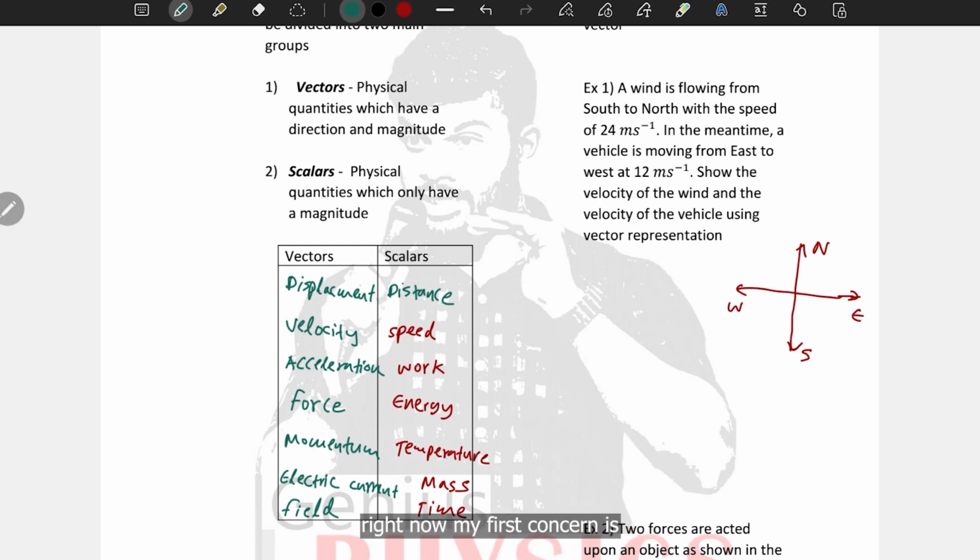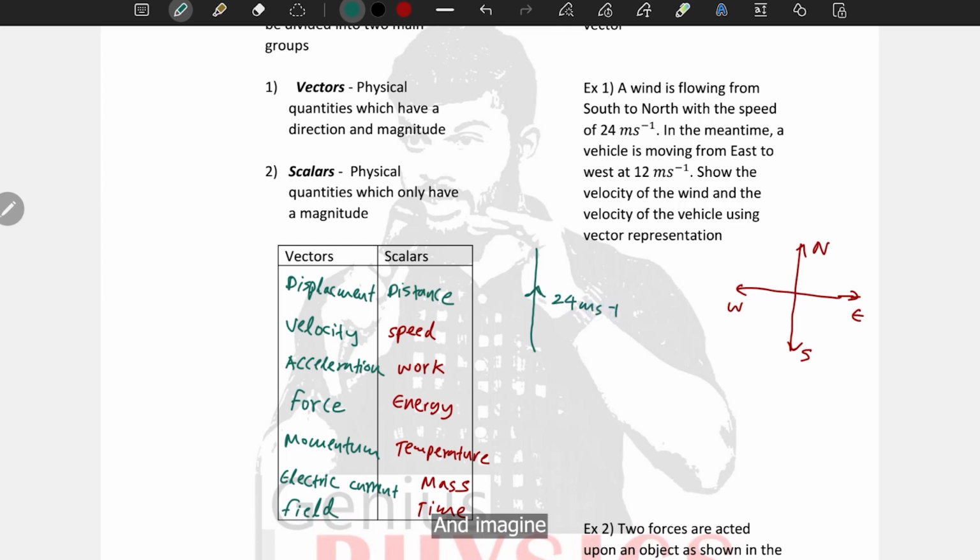Now my first concern is the direction. Look at the wind, which is pointing in north. You can draw your own diagram, 24 meters per second.